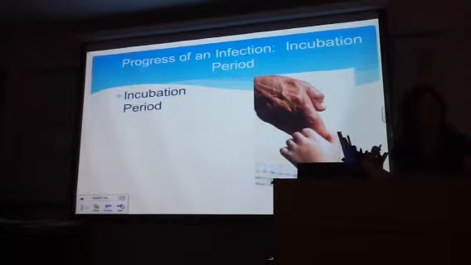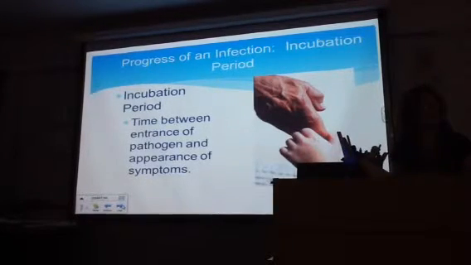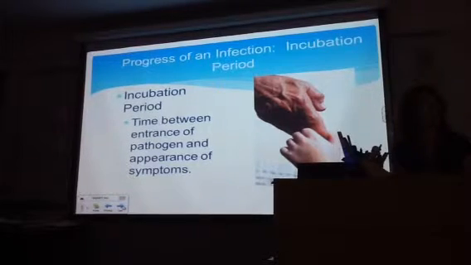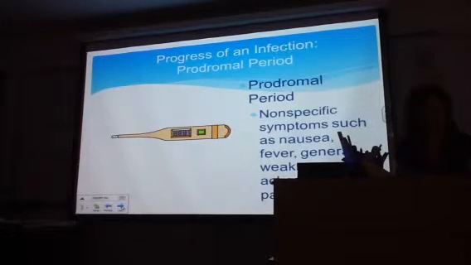The incubation period is the time between entrance of the pathogen and the appearance of symptoms. The prodromal period is non-specific symptoms such as nausea, fever, general weakness, aches, and pains.